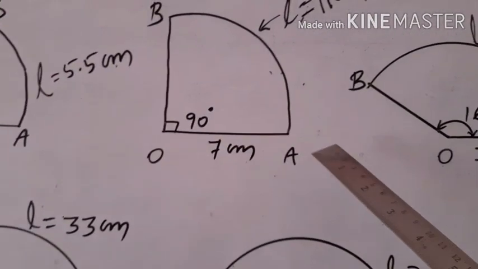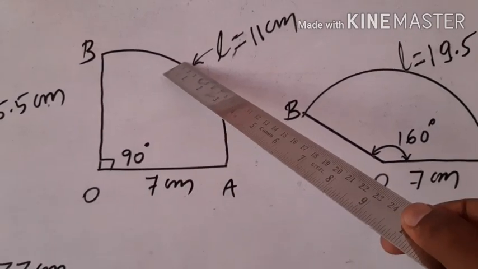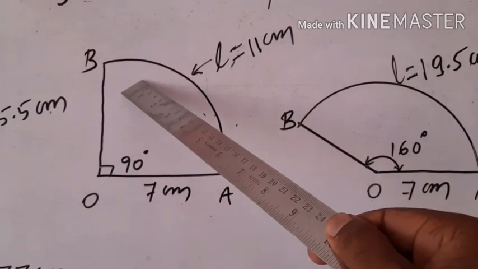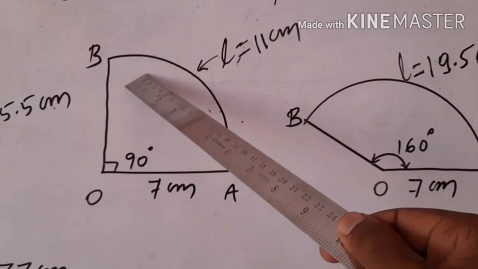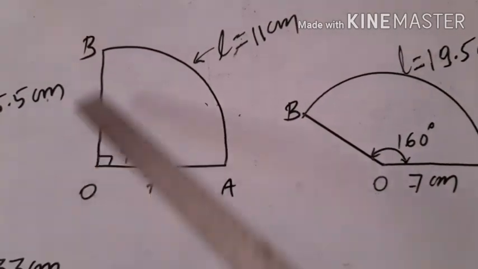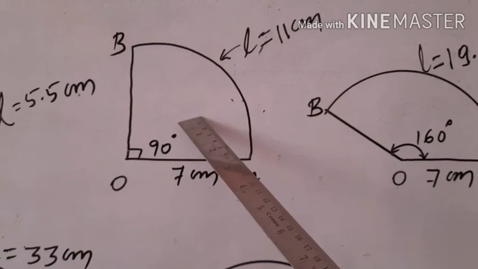Similarly, let us take one more sector. Here OA and OB are the two radii and AB is the length of the corresponding arc. I denote it by L. And here angle AOB is called sector angle or central angle.